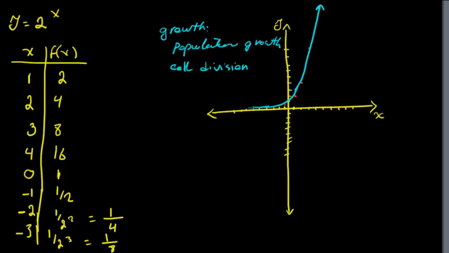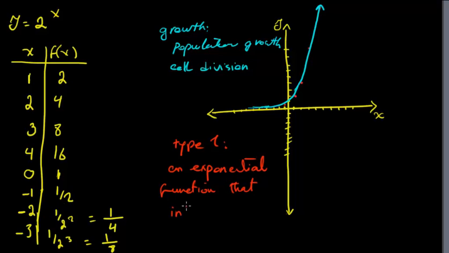And this is the general format of an exponential function for growth. So this is the first type, type 1, which shows growth, an exponential function that indicates growth.